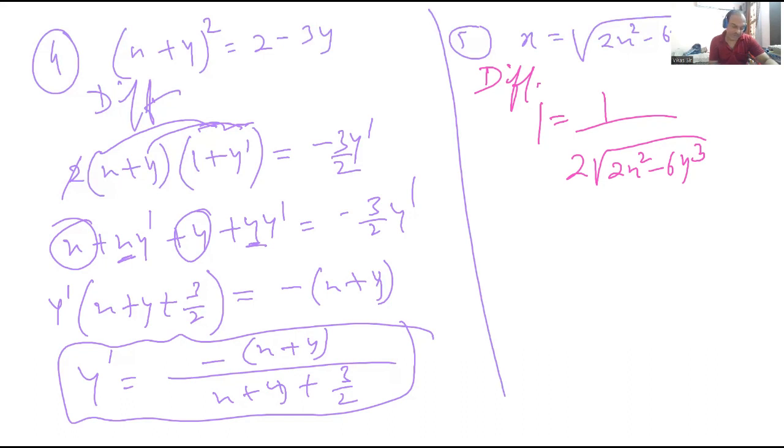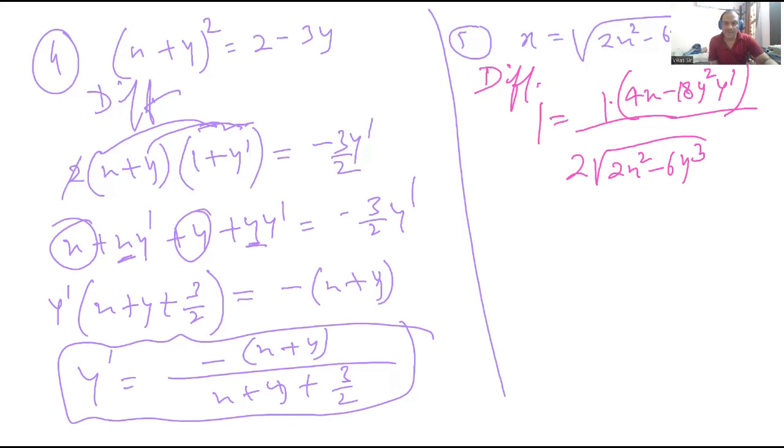Now here, you have to differentiate everything which is inside the square root. And here, 2x square will give you 4x, minus 6 times 3, 18y square. And furthermore, you will be having y dash, because d by dx of y is y dash.